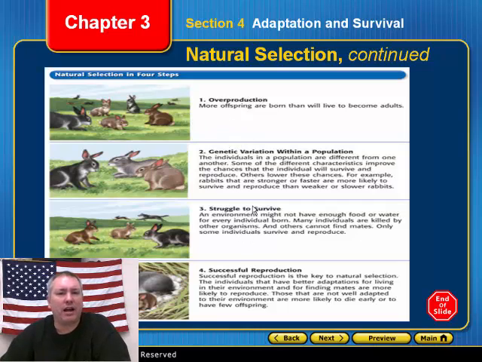The majority will die off in 2 and 3. But in order to get those couple that are going to survive, they have to produce a ton of them, so the chances are better that several of them will survive.